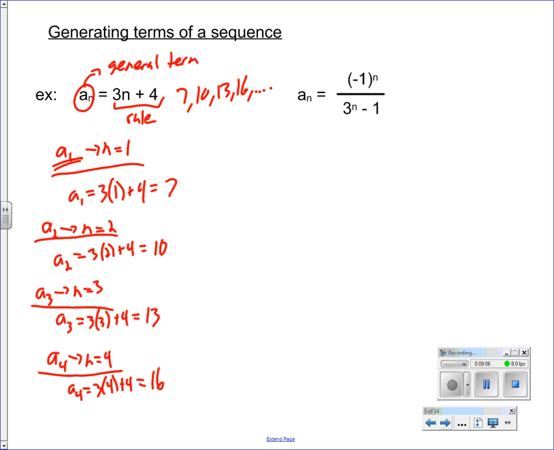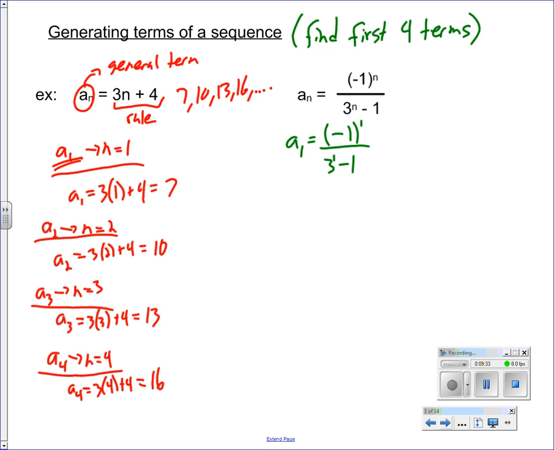The one on the right is the same idea. We want to generate the first 4 terms of the sequence. We're just going to plug in n equals 1, then 2, then 3, then 4. So for finding the first term, a1, we plug in 1 for n. So (-1) to the first over 3 to the first minus 1.